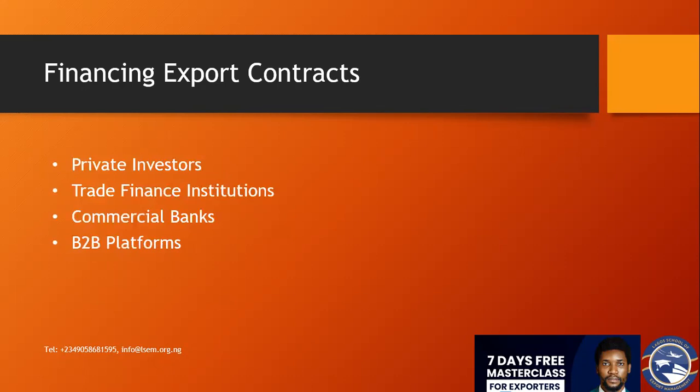Now, even if you don't have collateral like real estate and you don't have a letter of credit, it doesn't mean your commercial bank cannot help you out. If you have been maintaining accounts with them for some time, then why not? You can talk to your account officer or the bank manager, present the documents, and let them go through.